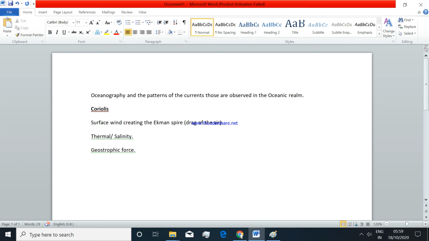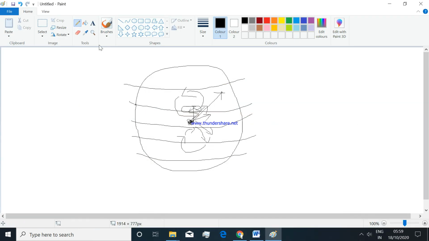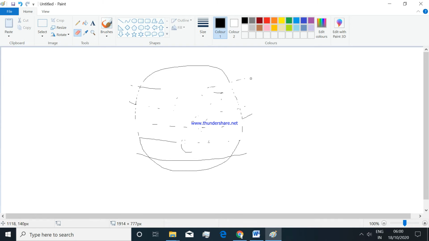As a result, in an ocean, whenever we analyze the velocity or the vectorial components of the water column with depth, we see a spiral pattern, and the spiral pattern is dependent upon a physical equation which I will tell you.